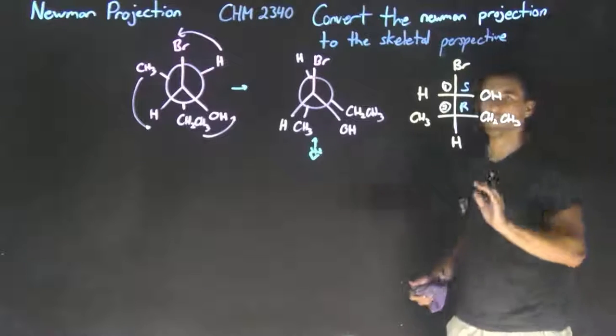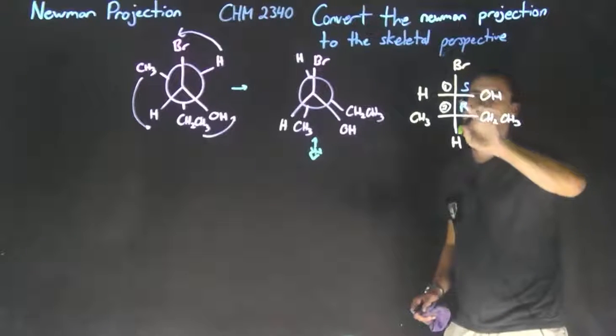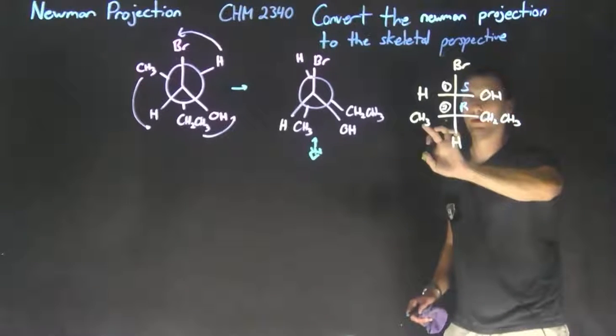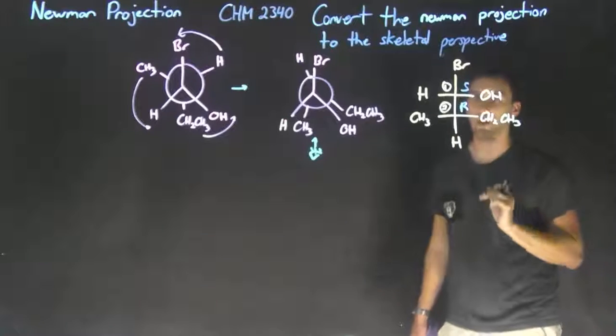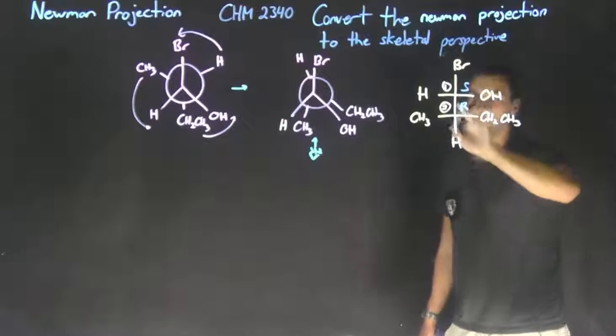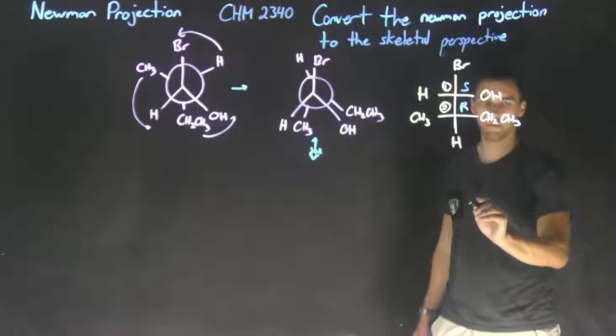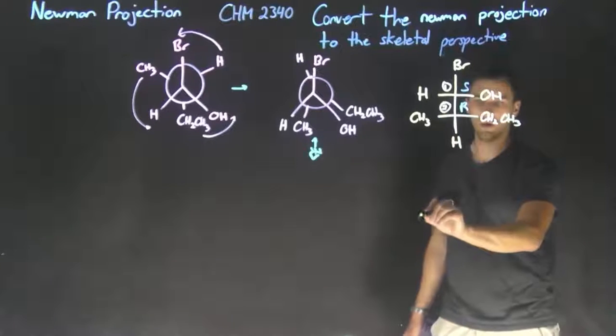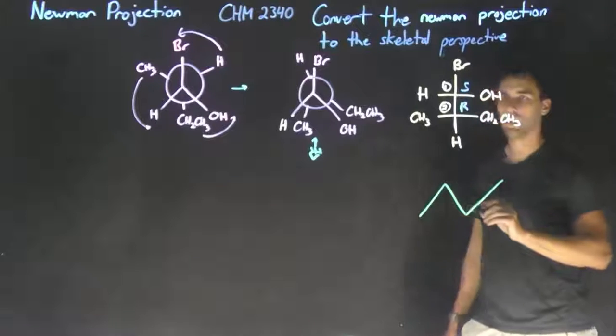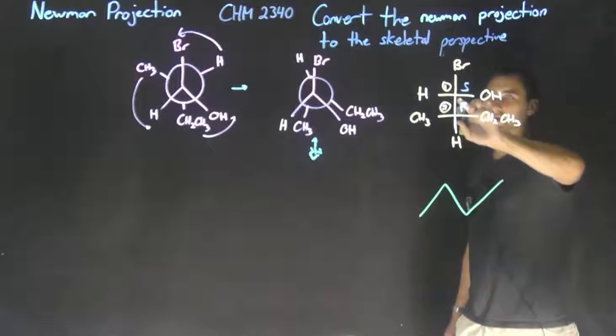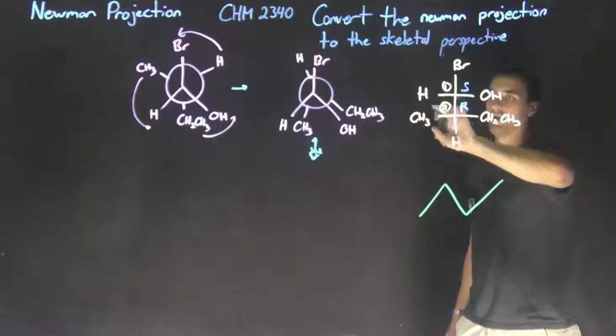For our skeletal form, we are going to have a 5-carbon system. However, our parent chain is only going to be 4 carbons long. On this first carbon, we have a bromine, hydroxy, and a hydrogen.